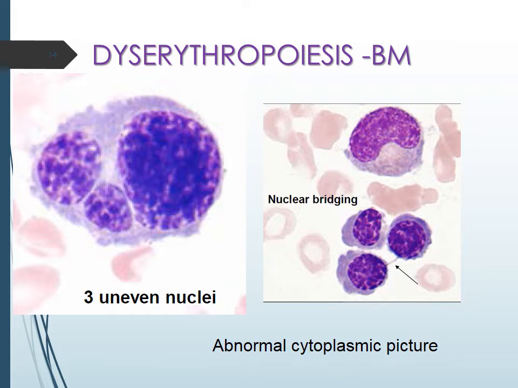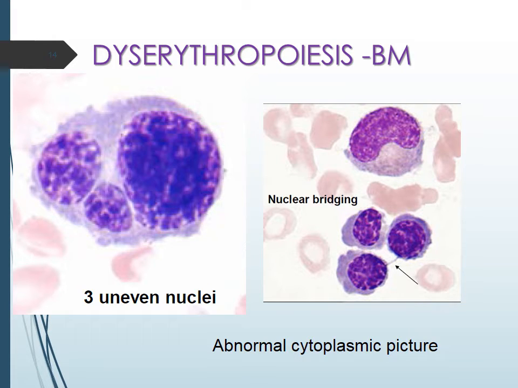So it is important to remember that for dyserythropoiesis, patients that have MDS have a degree of anemia. Hemoglobin is usually less than 10 grams per dL. They are macrocytic, they are oval macrocytes. You see nuclear cytoplasmic asynchrony.